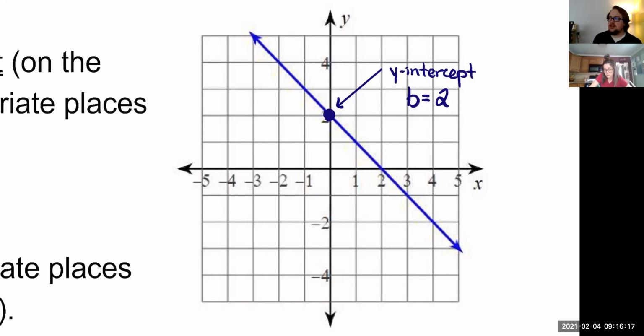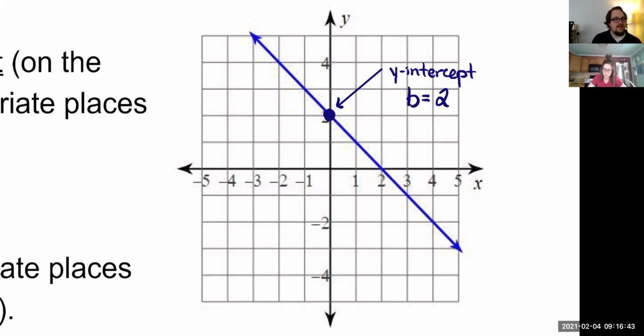There are no calculations, no funny business, you just got to spot it. Now, the slope does require a little bit more work because it's not just staring us in the face. And to find slope, typically, if you're dealing with things graphically, it is best to find slope in terms of rise over run.